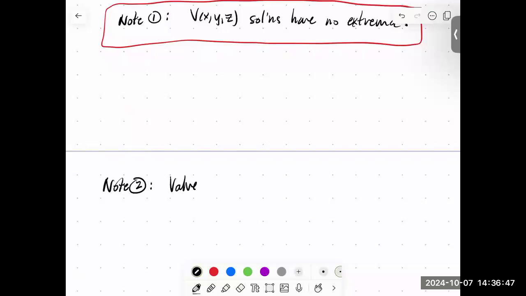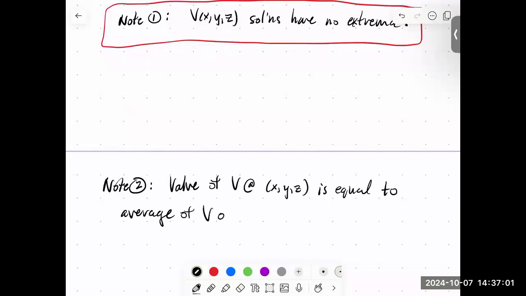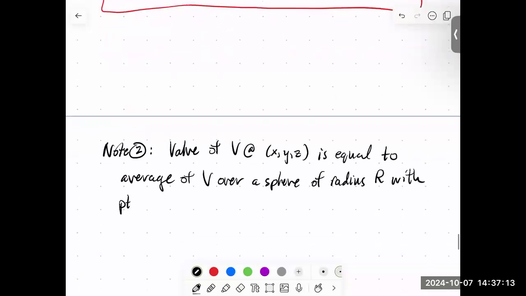So the value of V at x, y, z is equal to the average of V over a sphere of radius r with the point x, y, z at the center of the sphere.